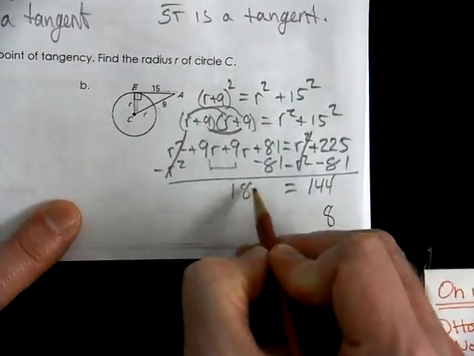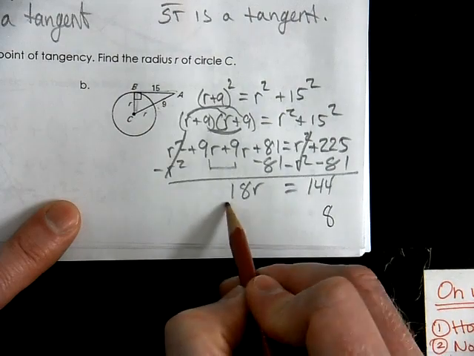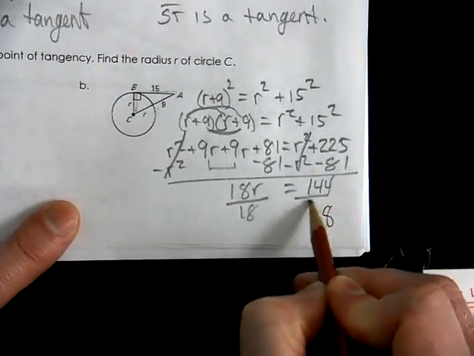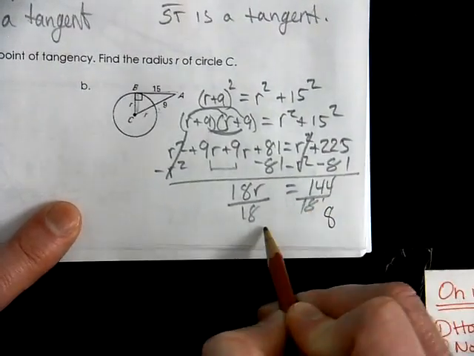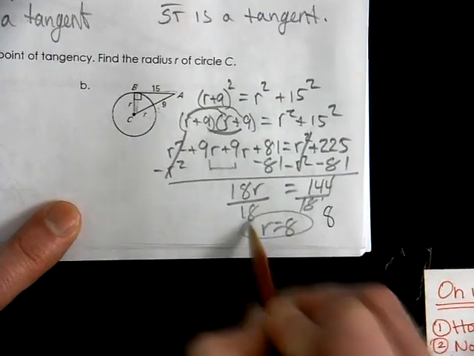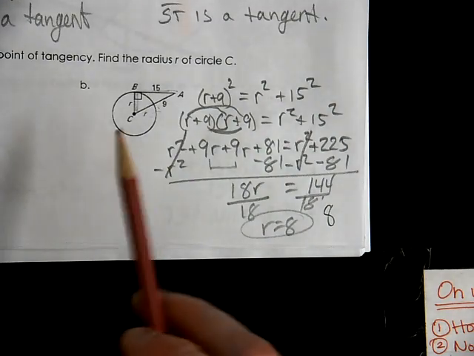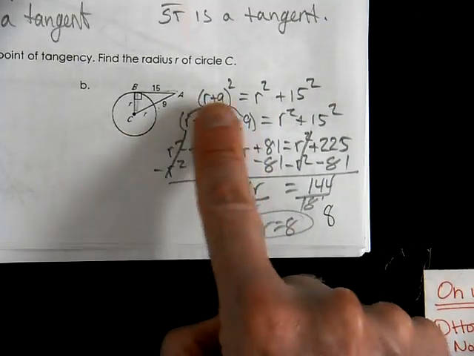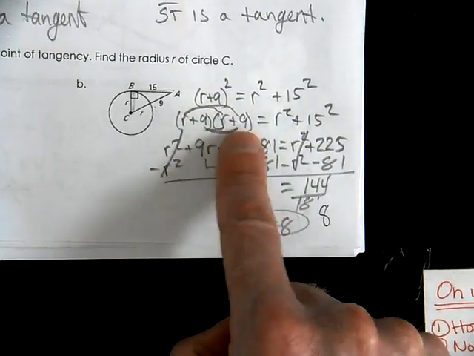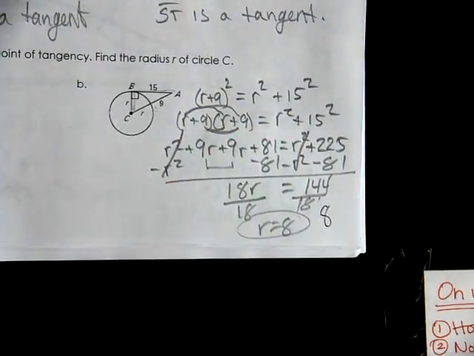This makes 18R, and when we divide by 18, we get R equals 8. So the radius would have to be 8, and we did that with the Pythagorean theorem. You have to write your hypotenuse twice.